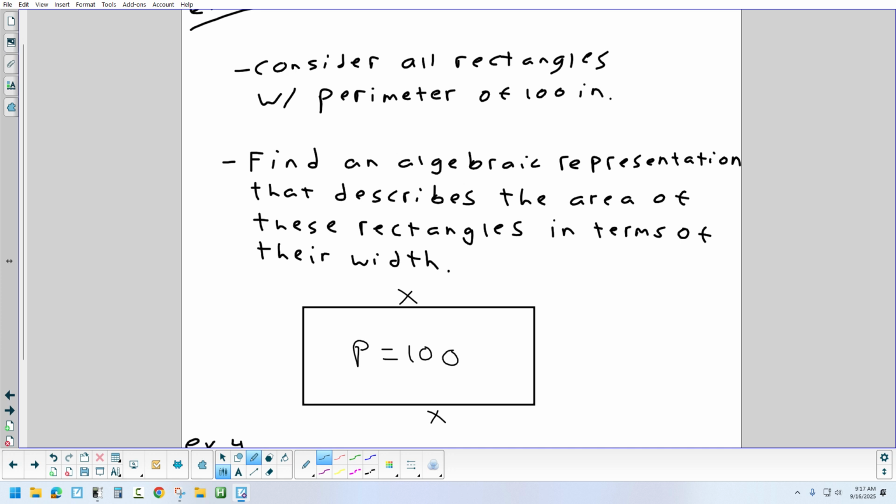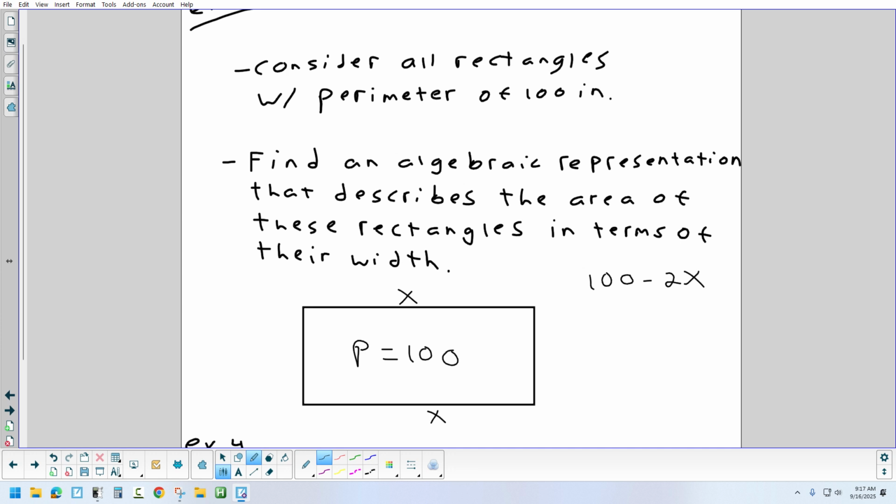And now that we've labeled those two sides x, can anyone explain to me what that tells me so far? Yeah? You know that the measure of the two side lengths must be 100 minus 2x. Right. Okay, we've used up x and x for the material on the top and the bottom. That leaves us with 100 minus 2x units of material to build the other two sides.